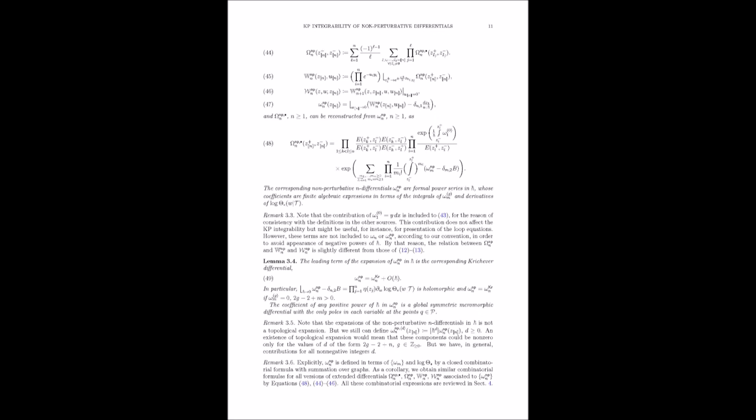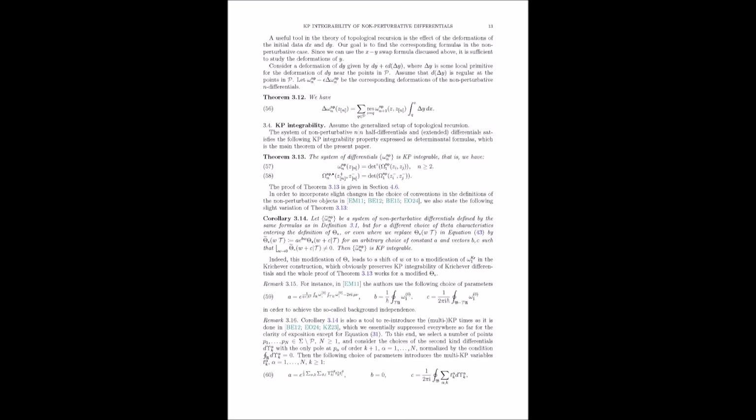So how do we actually get a differential form from this? So the Krichever differential arises from a section of the line bundle. This section vanishes at the chosen point on the Riemann surface with a particular order.